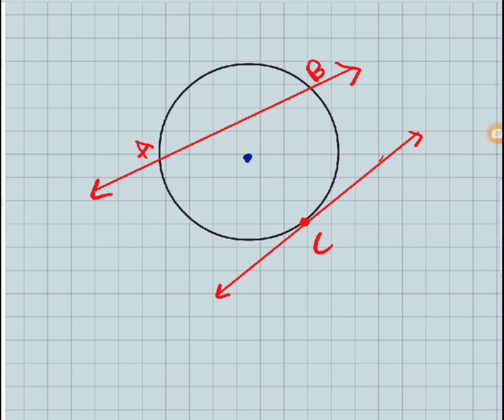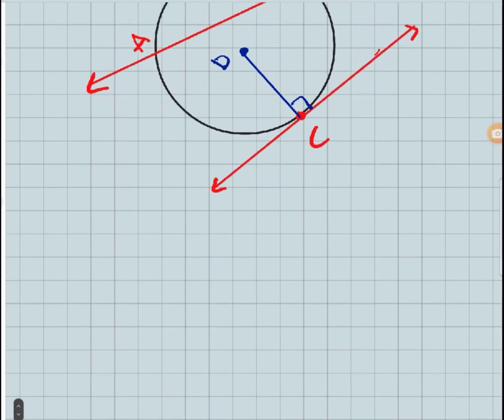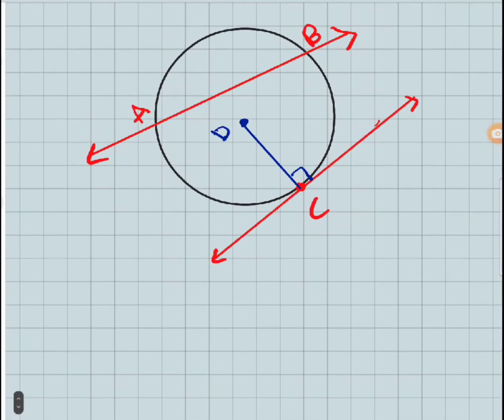Now let's say if we have center D, and if we draw the radius of the circle to the tangent line, it's going to meet at right angles. And this is always the case. So let's say if we have another circle, and we decide to draw the tangent line right there.